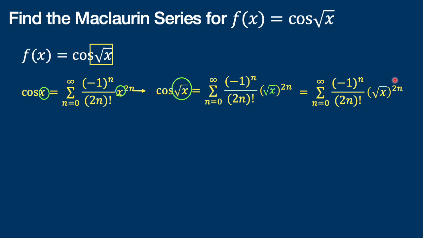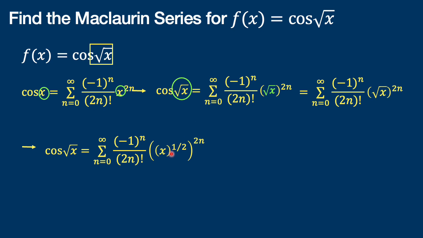Let's simplify this term, guys, okay? Square root x, what is the power going to be? That's the 1/2 power, and you have 2n times it because that's the exponent. 1/2 times 2n is n.